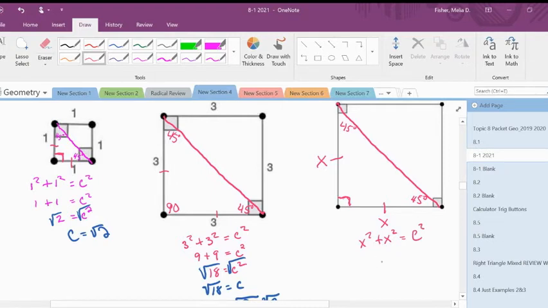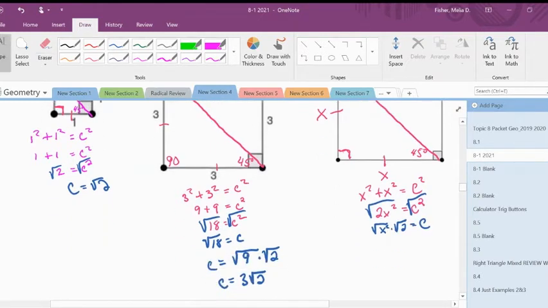So that is 2x squared equal to c squared. And now we need to take the square root of both sides of the equation. We're going to break this down into x squared and the square root of 2, because the square root of x squared is just x, and the square root of 2 is simplified. So the hypotenuse is x square root 2.